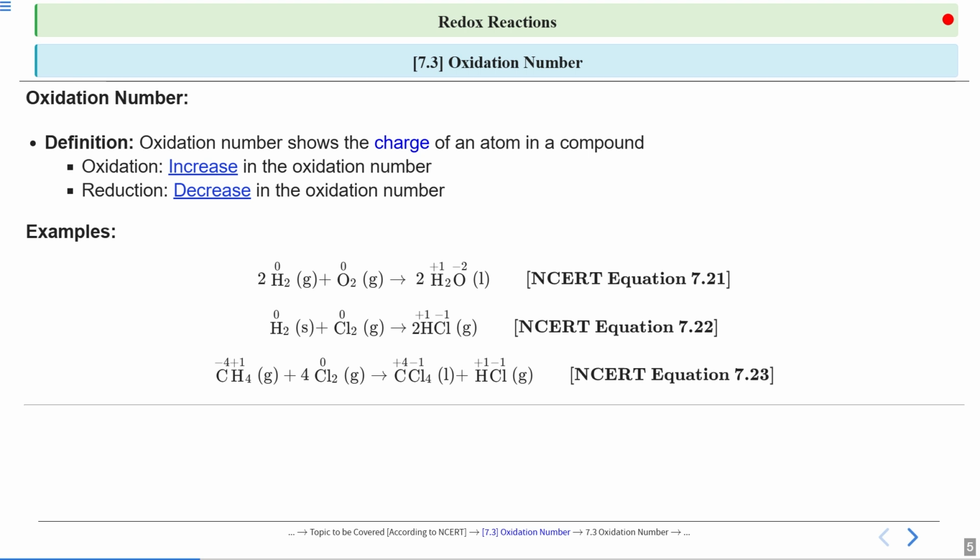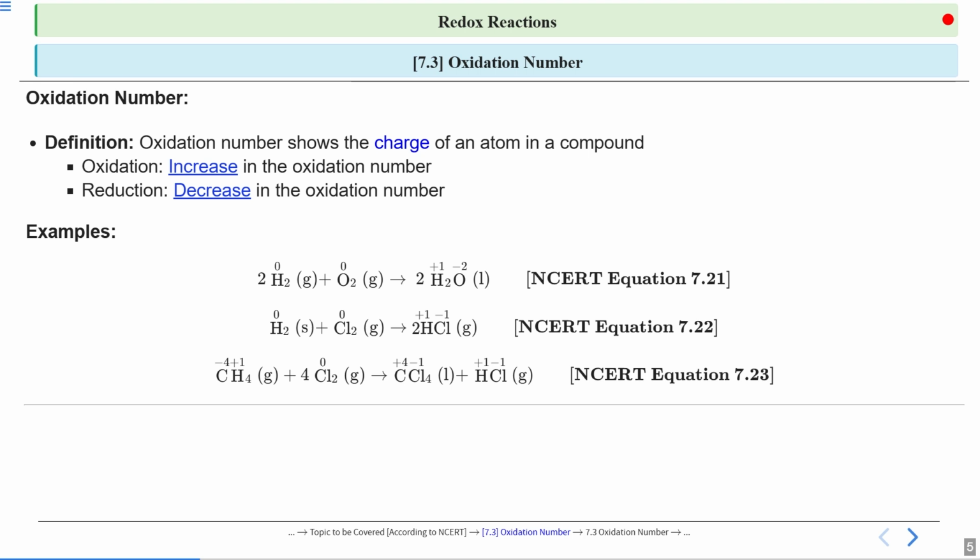So in this equation also, if we write the charge on each atom, you will find that there is complete transfer of electrons from a less electronegative element, carbon, to the more electronegative element, Cl2, and hence it can be considered as a redox reaction.